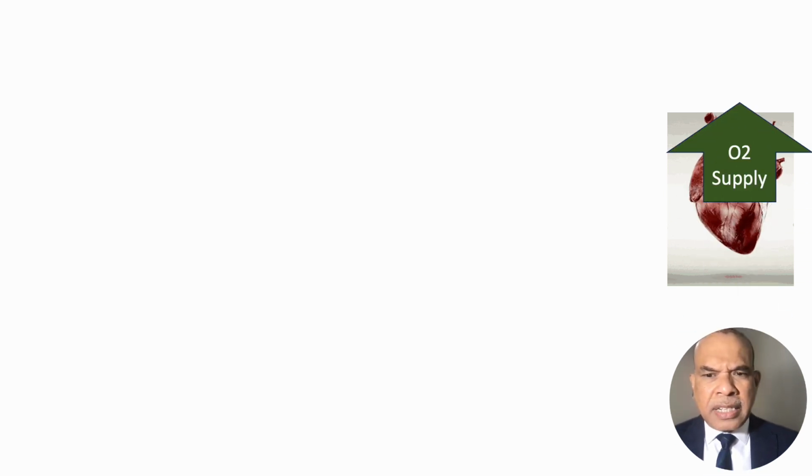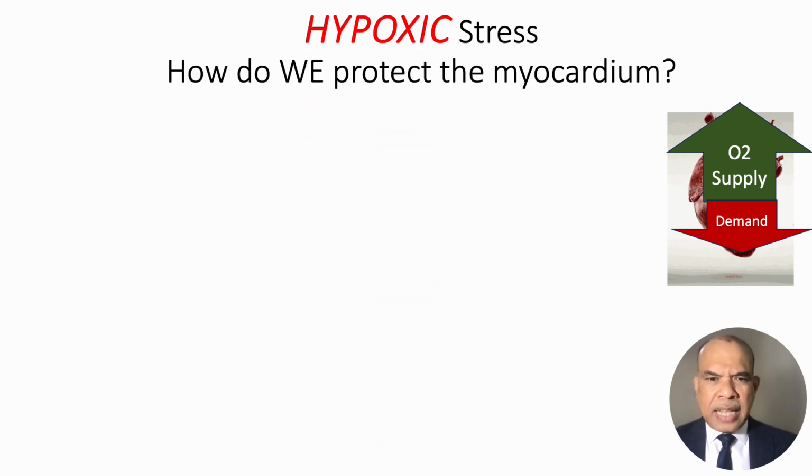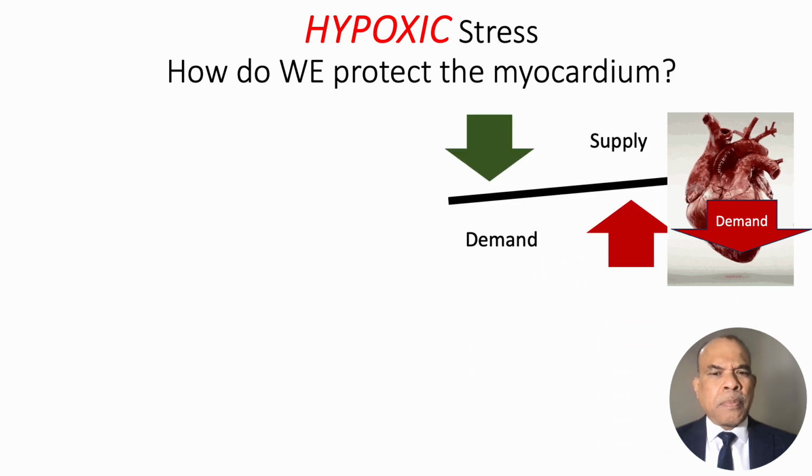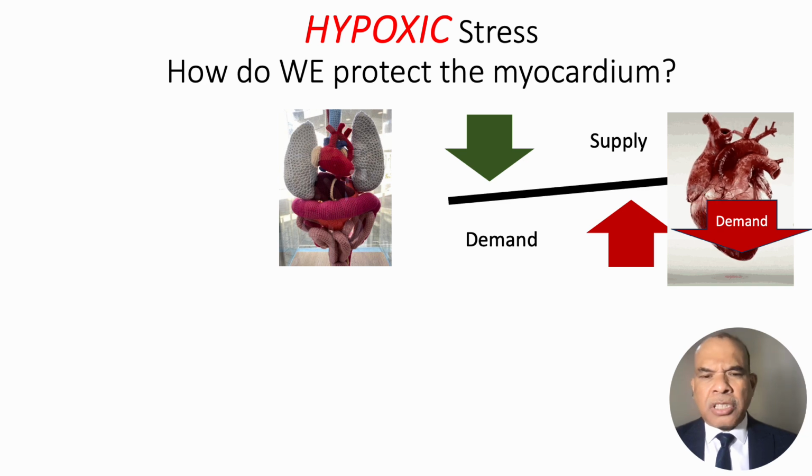So what do we do as adults? Each time we are faced with a demand-supply problem, because we want to maintain the supply more than the demand, but if by any chance the supply is less than the demand, we use our heart-lung mechanism to increase our rate and depth of respiration. And that's what we do when we run, when we jog, we breathe faster. When we have sepsis, we get more oxygen.